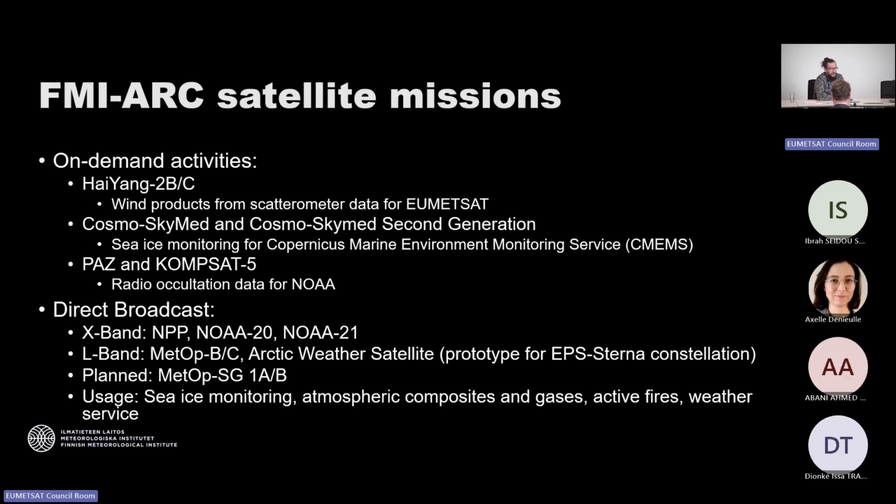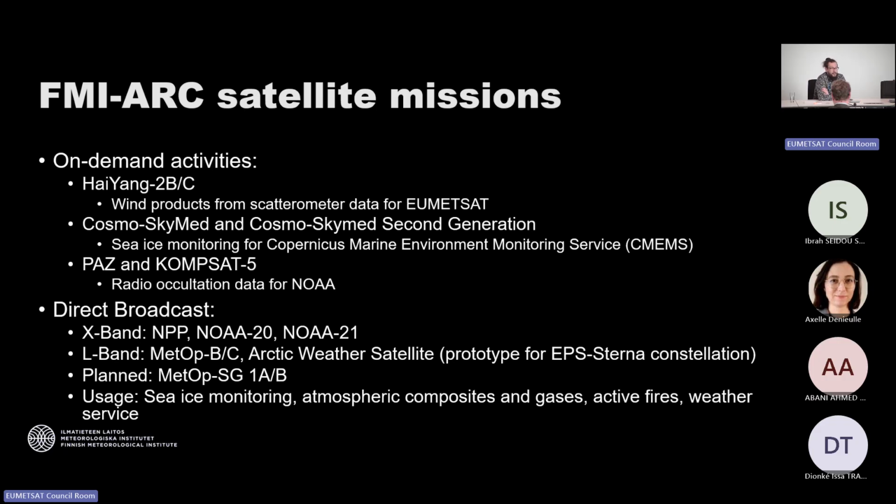So not all the visible passes, but maybe 2 to 5 or 7 times per day per satellite. At the moment, we are receiving Haiyang 2B and 2C for EUMETSAT, in a slightly more complicated way: we receive the data and send it to China, and then back to EUMETSAT, and EUMETSAT distributes it to the member states.